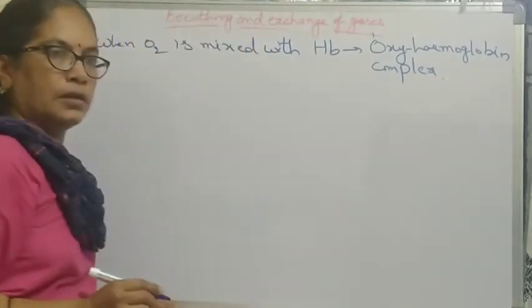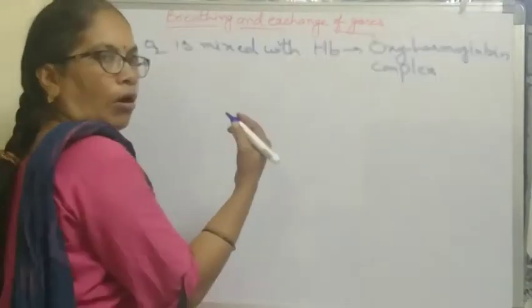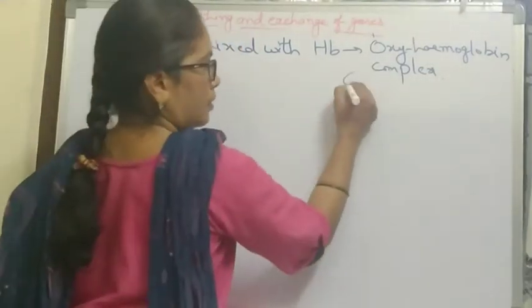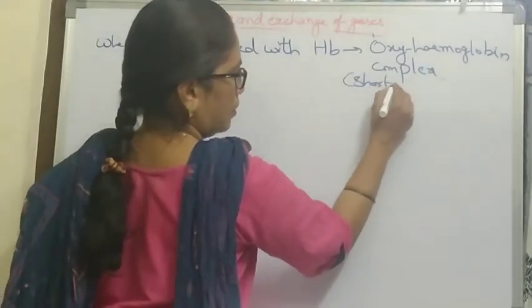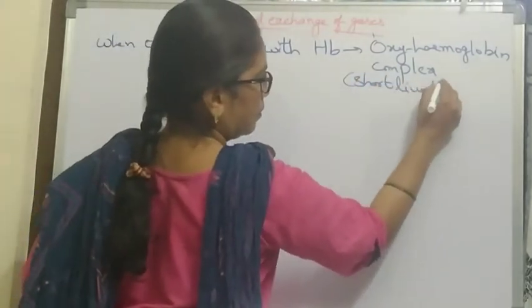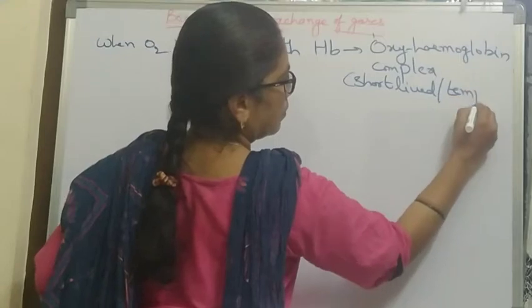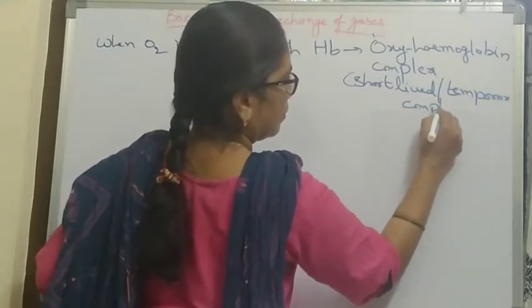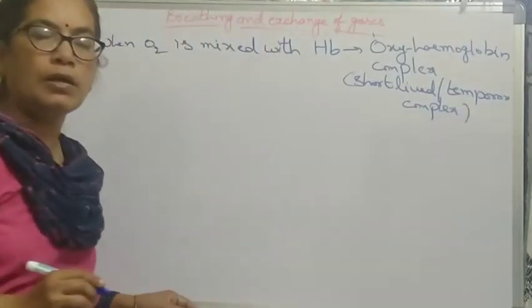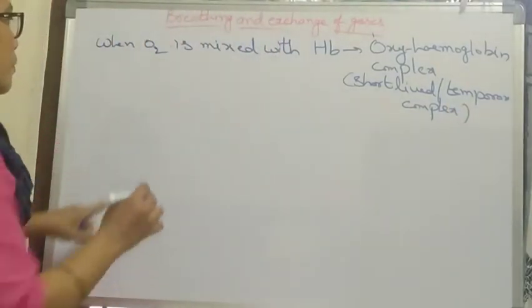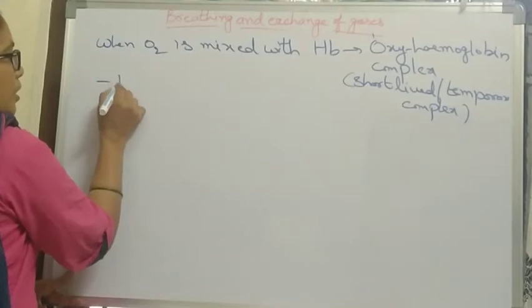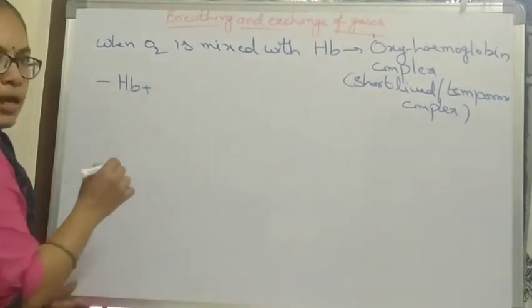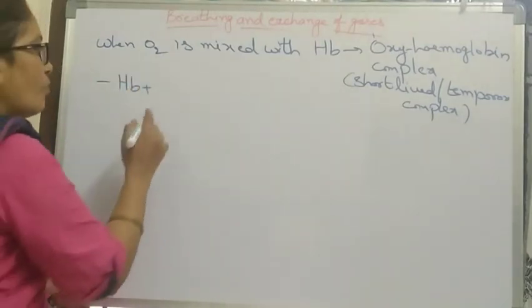It is the short-lived or temporary complex. Means here each Hb is combined with 4 molecules of oxygen.